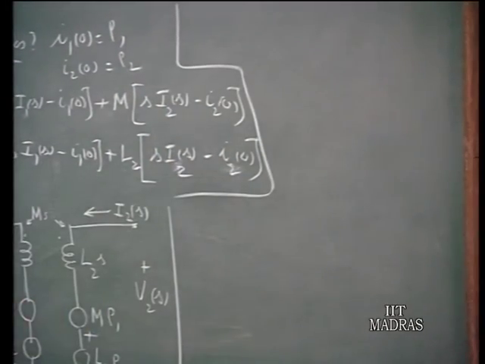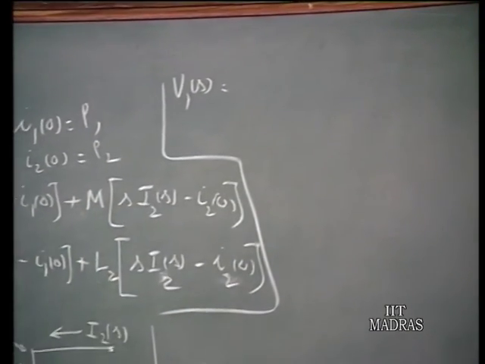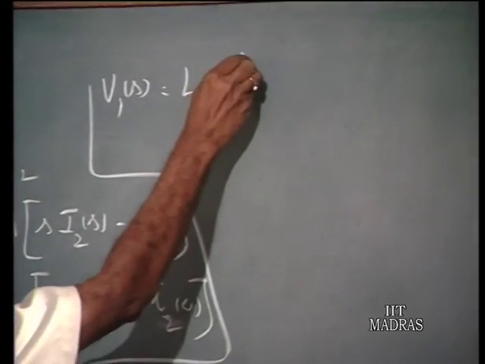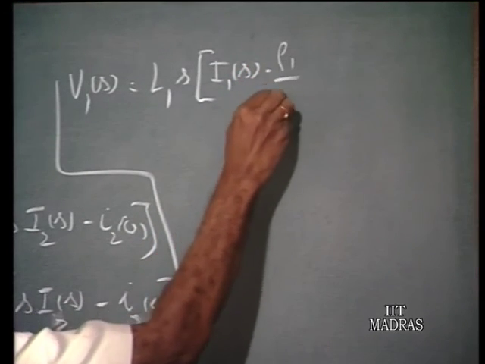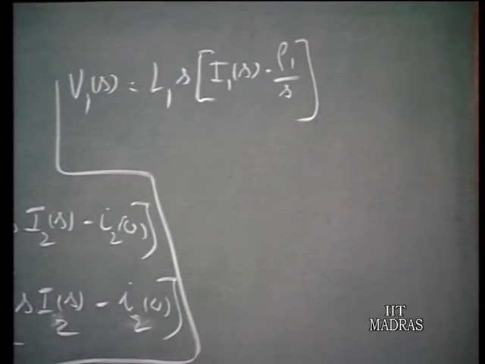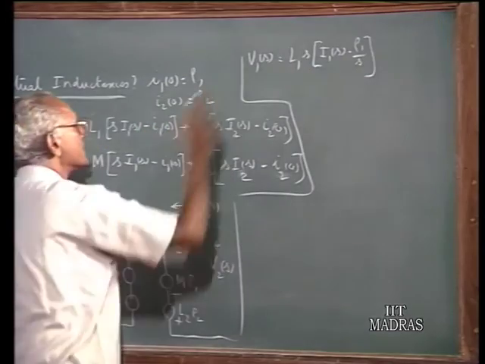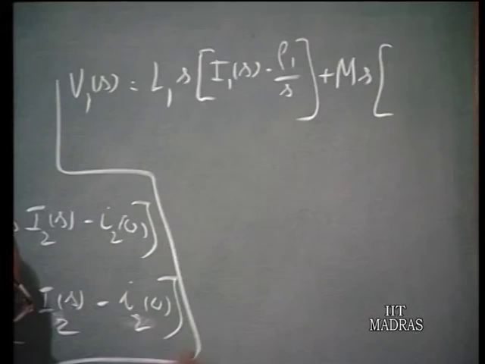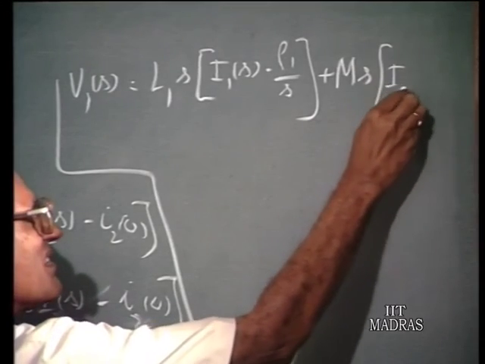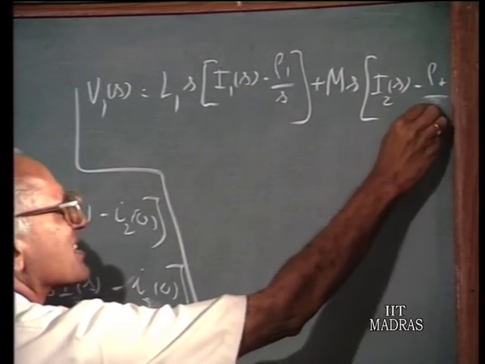You can write V1(s) as L1 s times I1(s) minus rho 1 by s. So, instead of writing minus L1 rho 1, I can write L1 s times minus rho 1 by s. So, this term here is put in this form, plus Ms times I2(s) minus rho 2 by s.